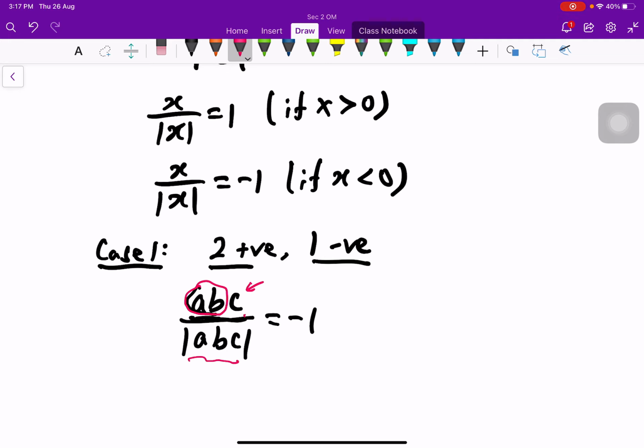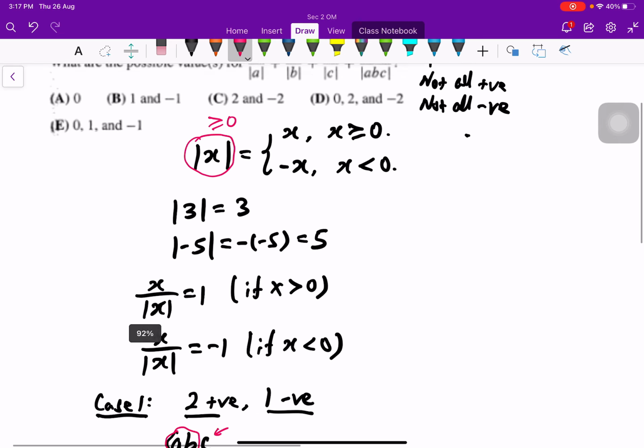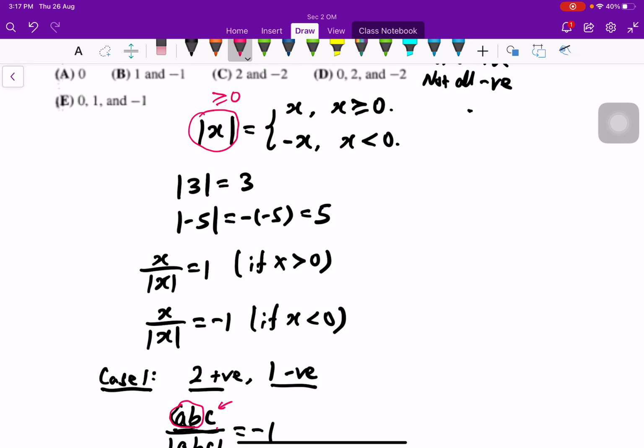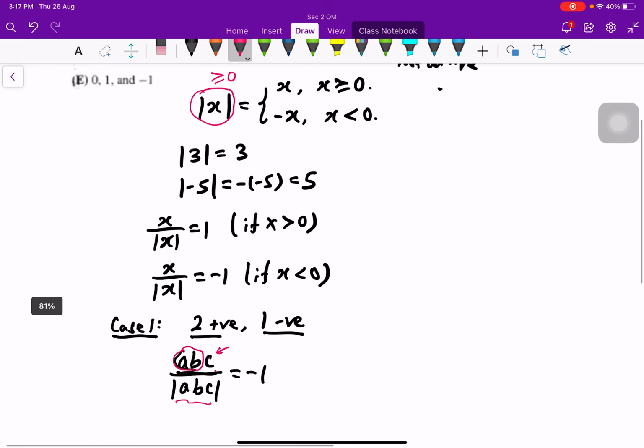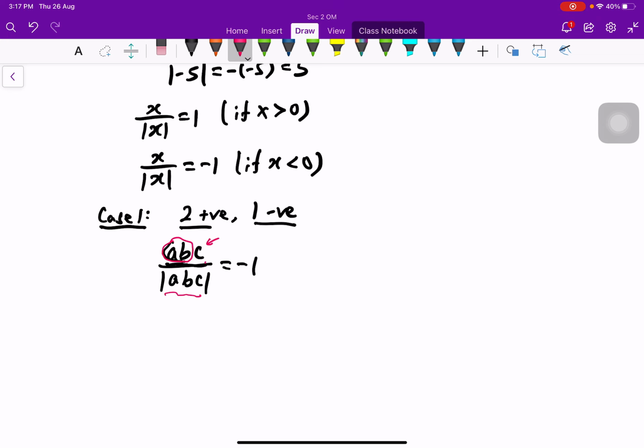And in this case, what does it mean? When I look at A over the absolute value of A plus B over the absolute value of B, and then plus C over the absolute value of C. Let me just write everything in black, I think it's easier.